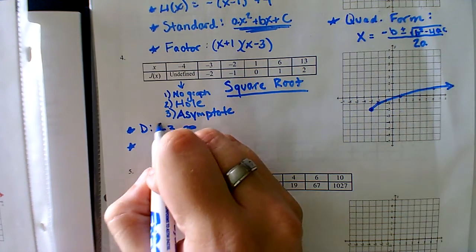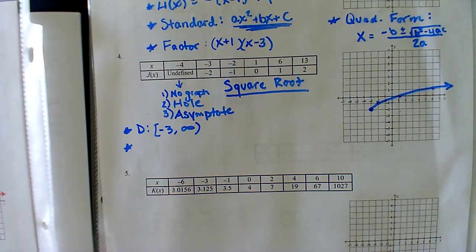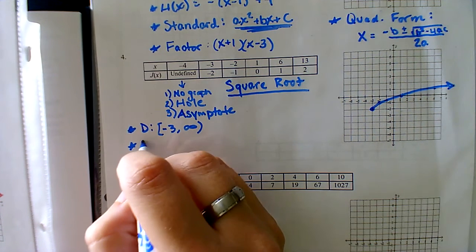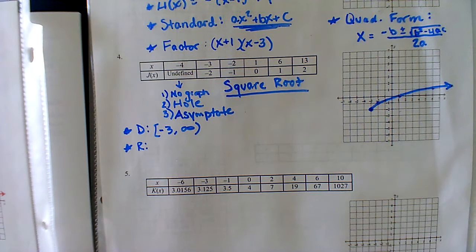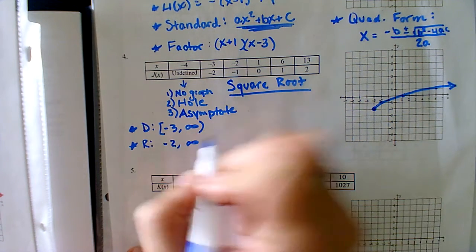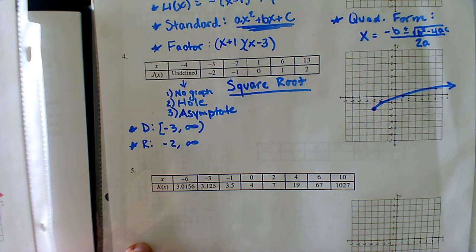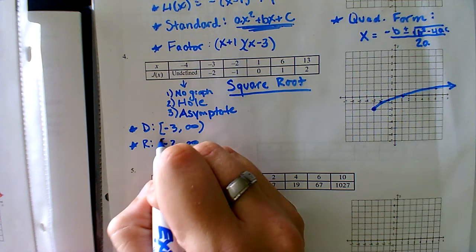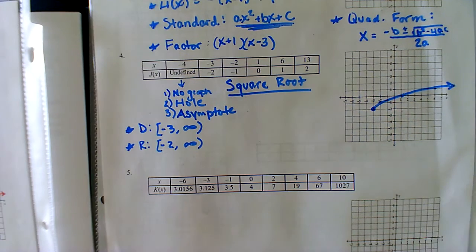Bracket on the first one, and then parentheses on the next. Perfect. Are we okay with the difference between bracket and parenthesis? We did that yesterday, right? Okay. What about range? How far low to high? -2 to infinity. Brackets or parentheses? Bracket, then parentheses. Perfect.